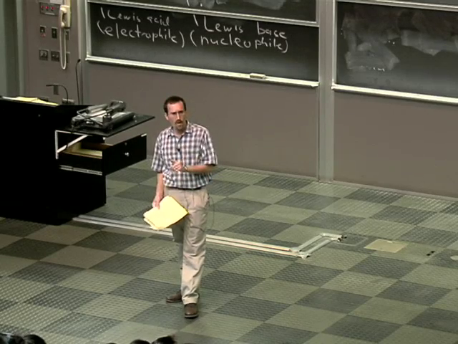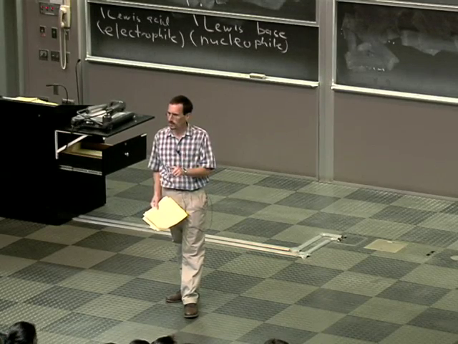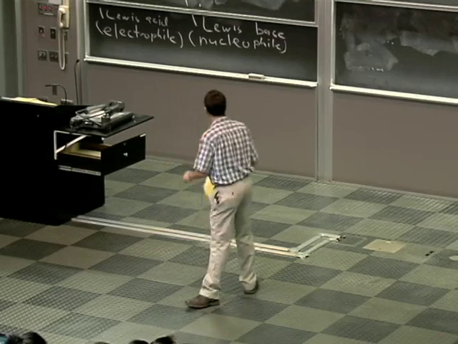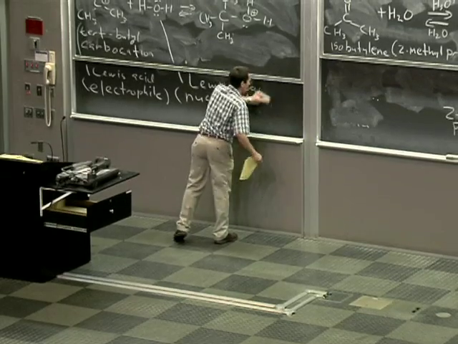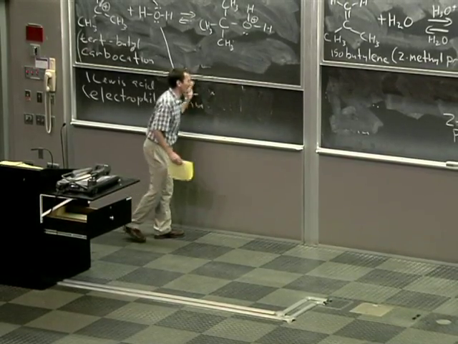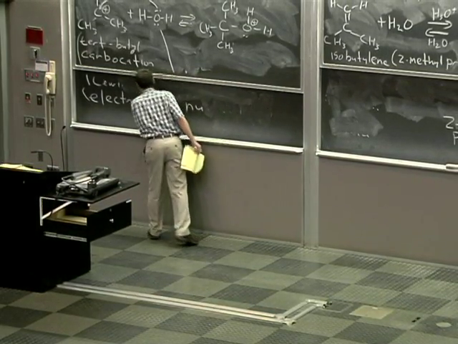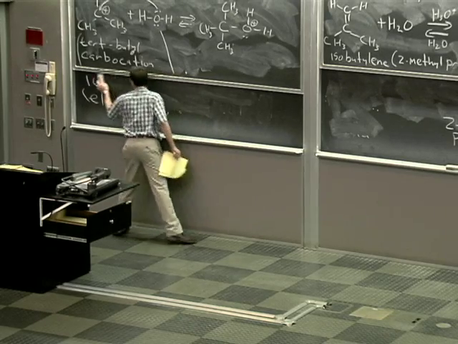All right, we're almost at our product. We have just one last thing we have to do, and of course we don't have our catalyst back, and I promised you that you're going to regenerate your catalyst at the end of this process.